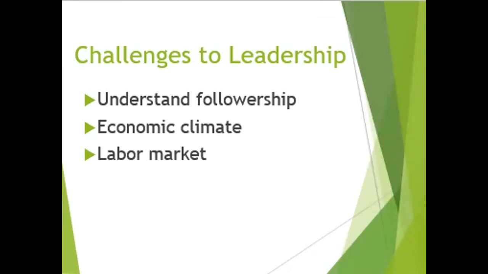When we talk about economic climate, it is greatly impacted by things within the environment, like lack of resources.